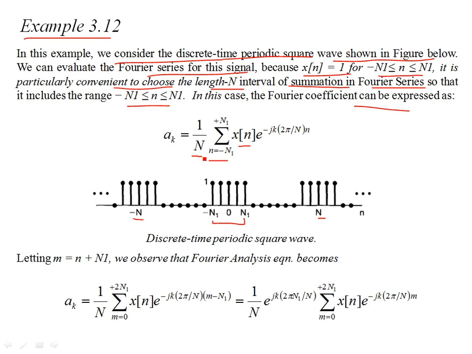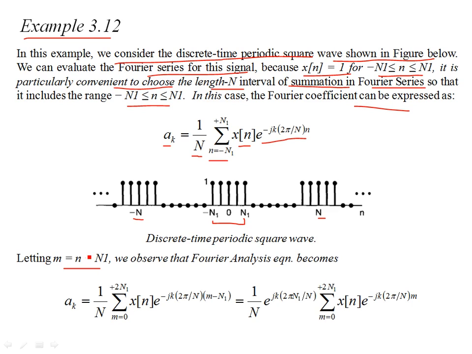This is 1 over N times the sum of x of n e to the minus jk 2 pi n by N, which is the expression that we derived for the Fourier analysis of the coefficients. Since x of n is 1, you don't need to write it explicitly. A minor substitution is going to show you that this series becomes a geometric progression. If you substitute for small n and make this summation over m, m is another integer variable.